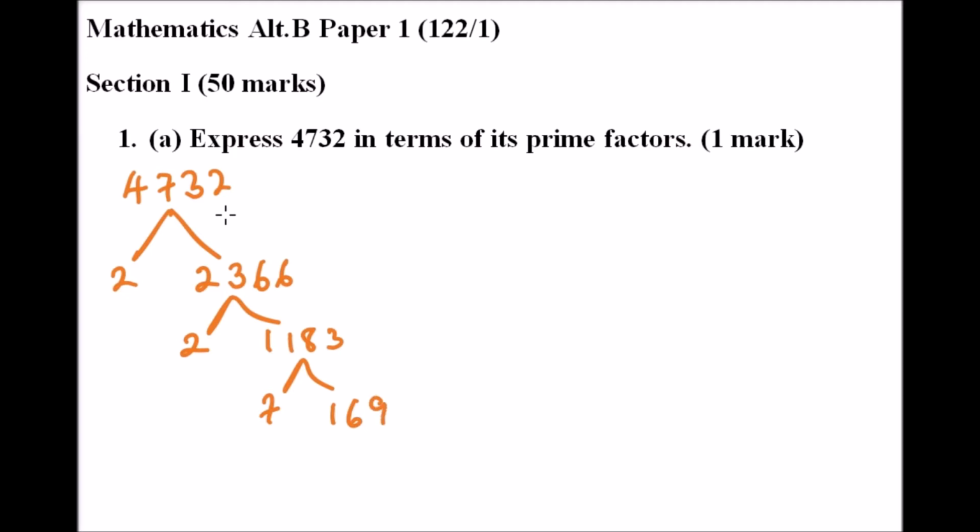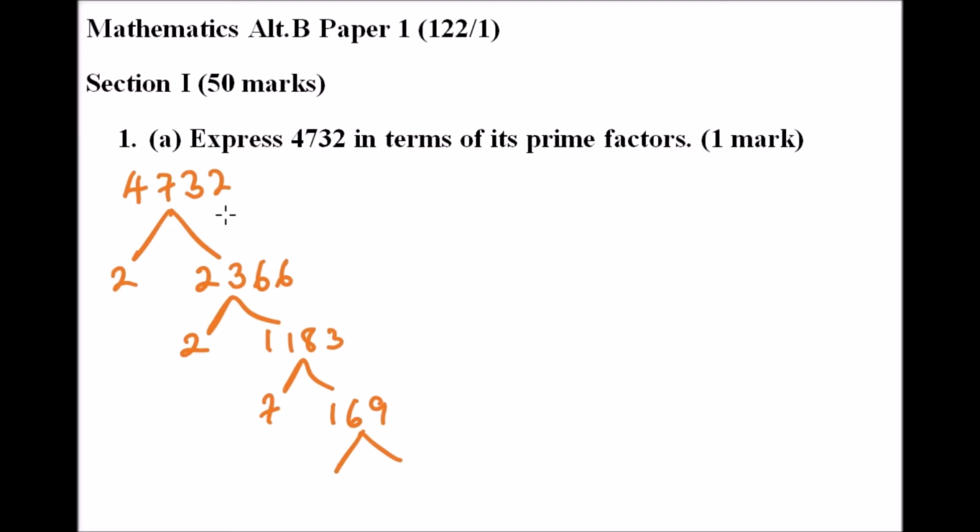Then we check if this is divisible by 9. That is not possible. 10 not possible. 11 not possible. 12 not possible.